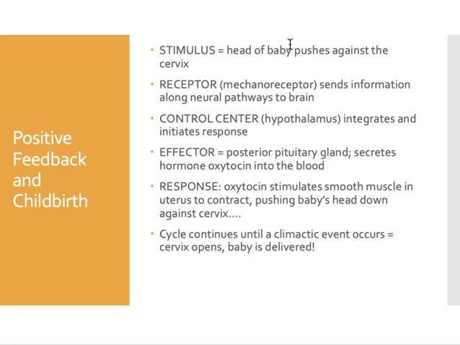This pressure can be received by a particular type of receptor called a mechanoreceptor. That receptor sends that information along neural pathways to the control center in the brain. In this case, the control center is the hypothalamus. It's going to integrate that information and initiate a response.